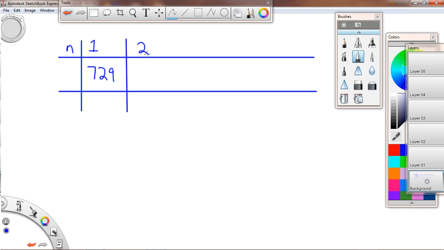The second term is going to be, what was it, 243? Okay, that's where the second term, that means that n equals 2. The third term was, what would that be, 81. The fourth term is going to be 27.